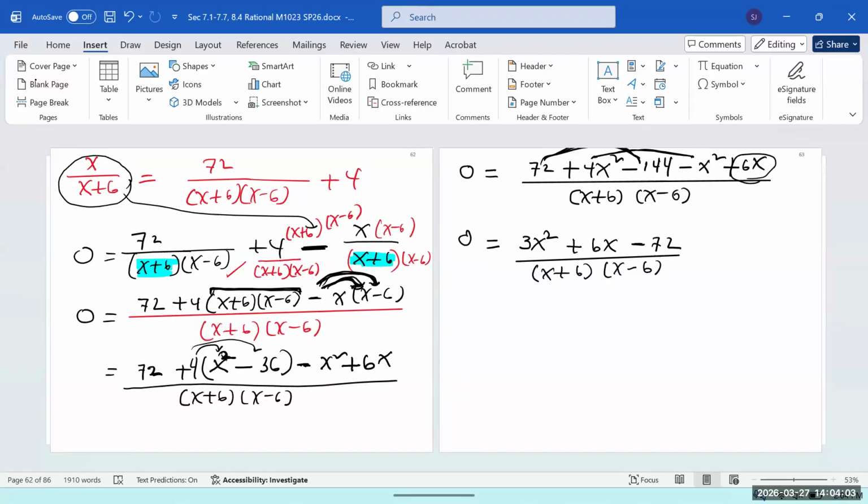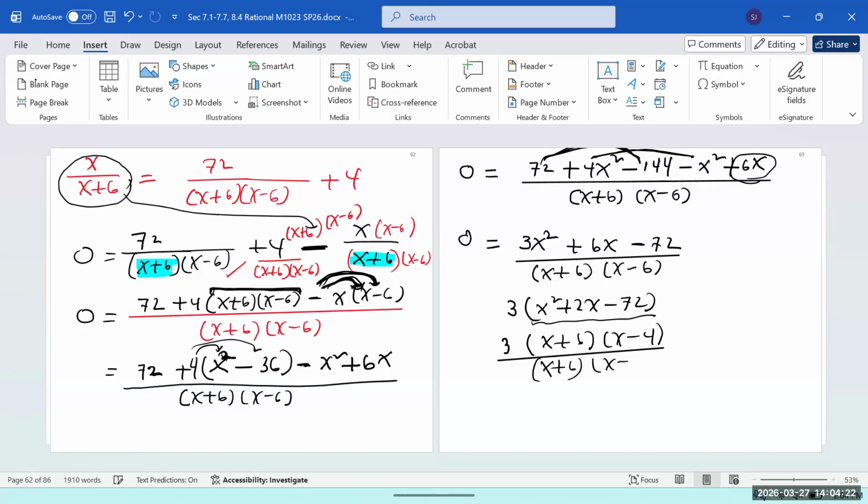So first we factor out 3. We get x squared plus 2x minus 72. And then we factor this more. So we get x plus 6, x minus 4 over x plus 6, x minus 6 equals 0.